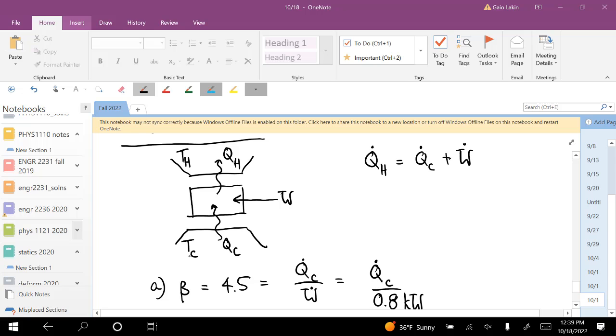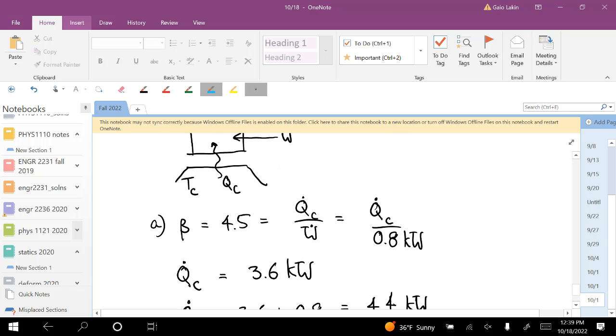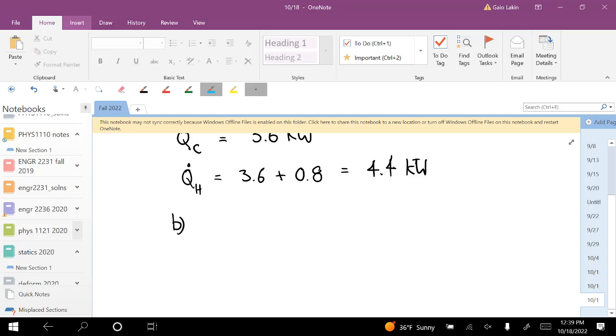And what we're looking for is the temperature TC. Well, we know that in a reversible cycle, QC over QH, we can think of these as dotted, is equal to TC over TH.